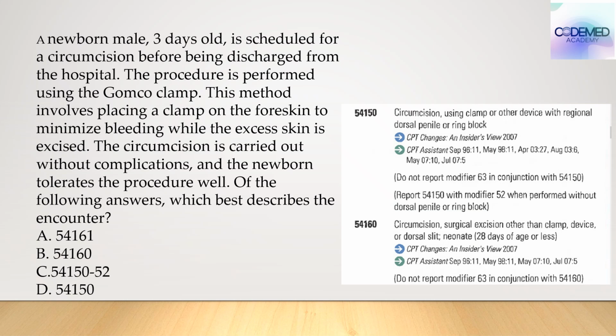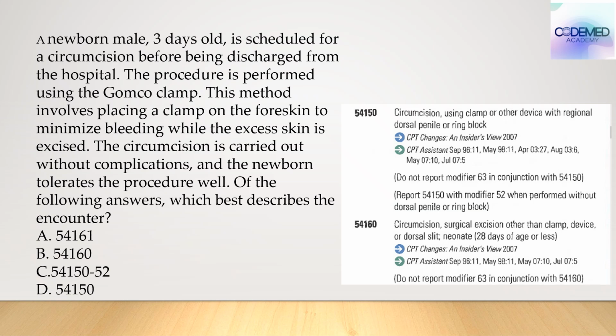The procedure is performed using a Gomco clamp. This method involves placing the clamp on the foreskin to minimize the bleeding, while the excess skin is excised. The circumcision is carried out without complication and the newborn tolerated the procedure well. Of the following answers, which best describes the encounter?